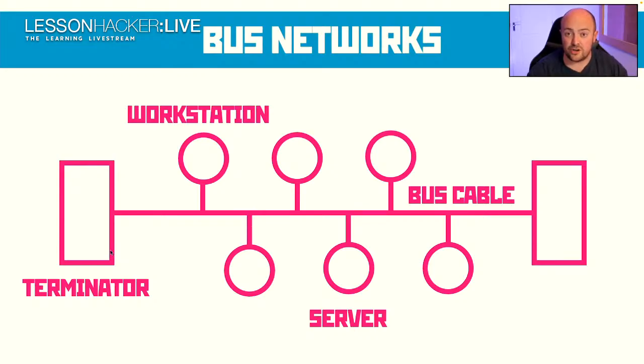Now, the point of having two terminators is if you send a message from this computer and it goes to the left and it's sent back all the way to the right and it's sent back all the way to the left again, well, the computer it's looking for isn't there. So if it's not there, the terminator destroys that data, so it's not just pinging back and forth forever. This is the exact diagram you need to draw for bus. And if you're asked about what network is great for temporarily rolling out, this is the best one.